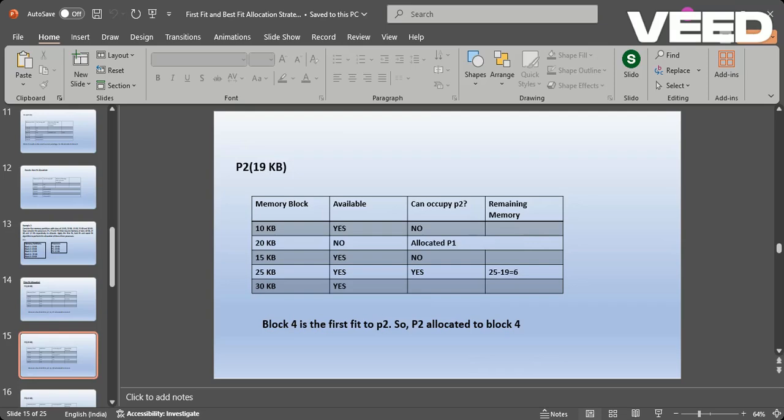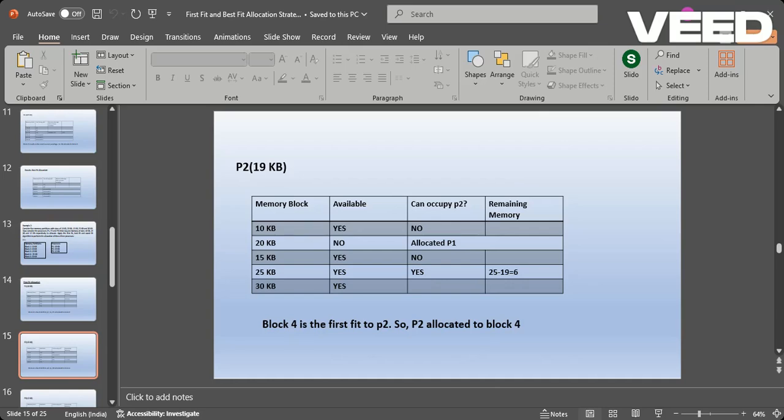The next process P2 has a size of 19 KB. From the starting location onwards, we search. 10 KB is not enough to store P2. The next block, 20 KB, is already allocated to P1. Then 15 KB, the third block, cannot hold P2 because its size is 15 and P2's size is 19.